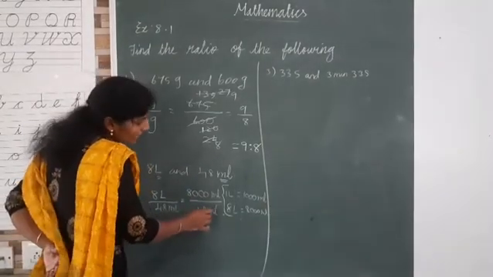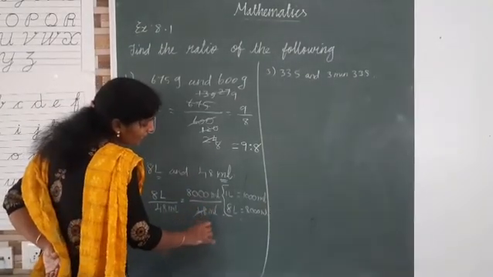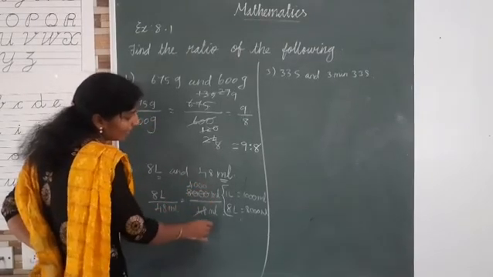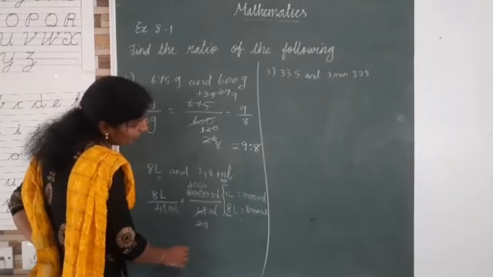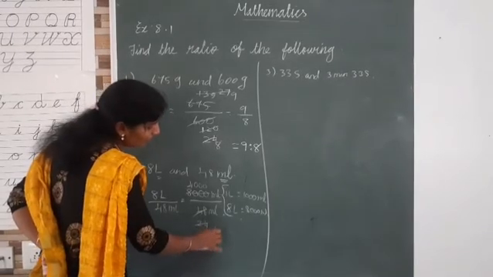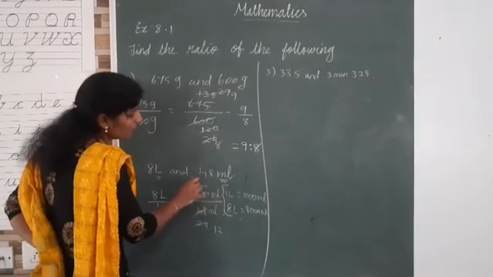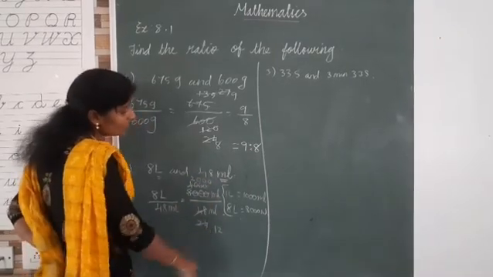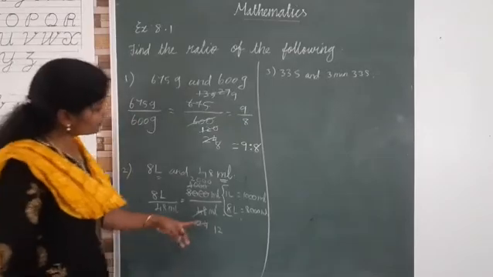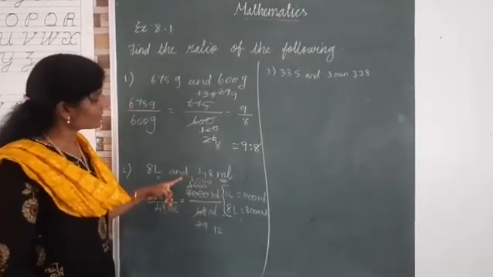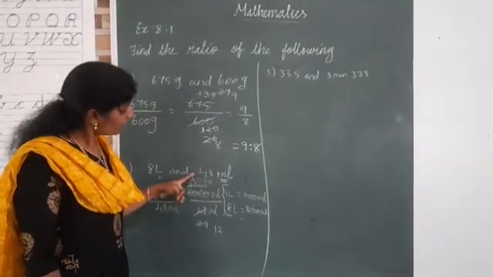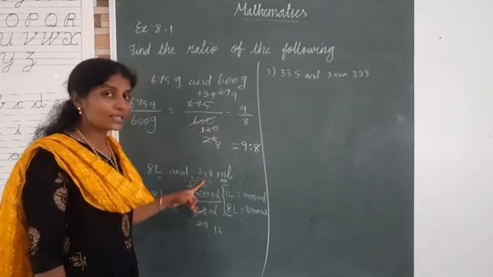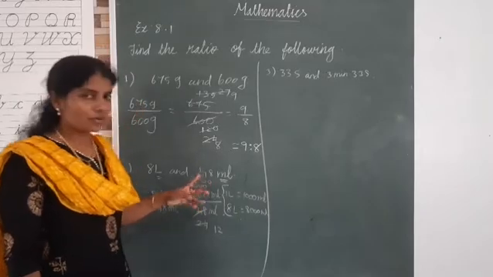Now we can use the 2 table. 2 2s are 4, 4 2s are 8, 4 2s are 8, 0 0 0. Now we can use the 2 table again, 1 2 is 2, 2 2s are 4, 2 2s are 4, 0 0 0, isn't it? Now we can use the 12 table, 2 12s are 24, isn't it? 1 12 is 12, 8 balance, 6 12s are 72, again 8 balance, that is not in the 12 table.